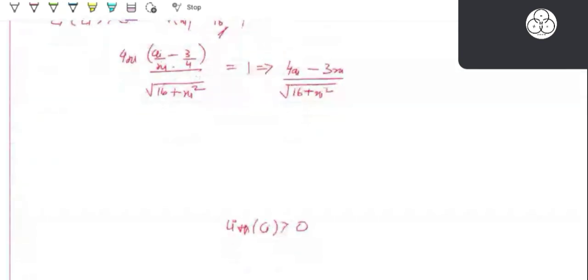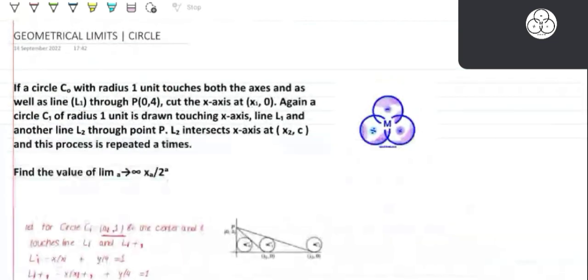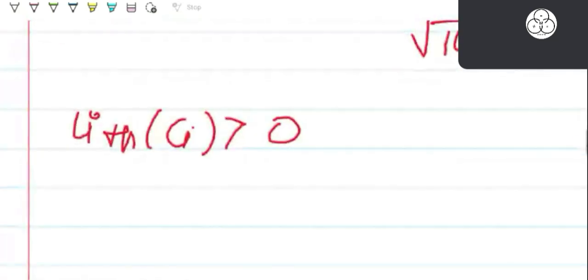Now we go for the line Li plus 1. What I was writing, this will be Li plus 1.